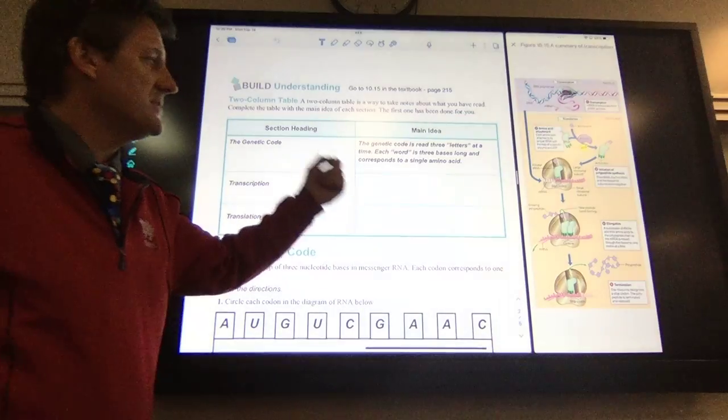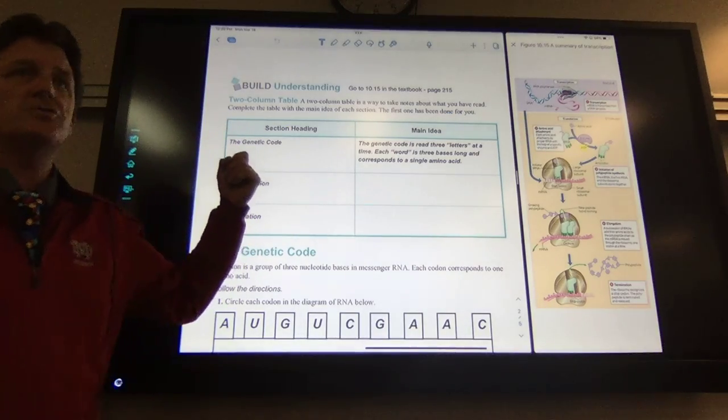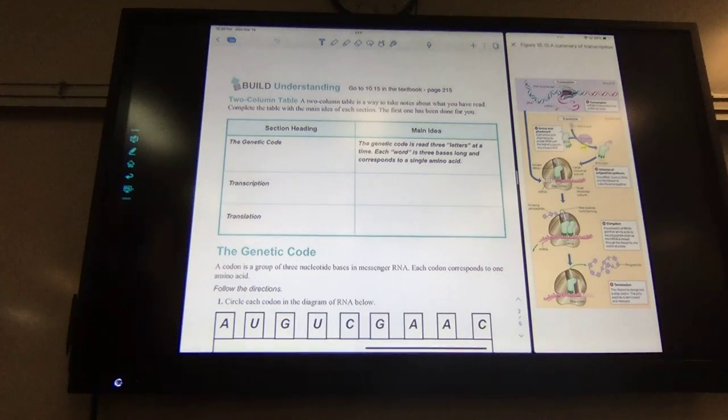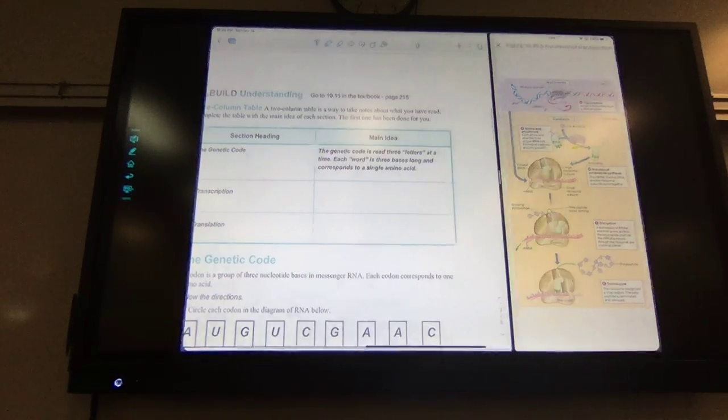The main idea is we have to go from the nitrogenous base code, we have to go from the 4-base letter code to the building blocks of proteins. What are the building blocks of proteins? What's the end result?